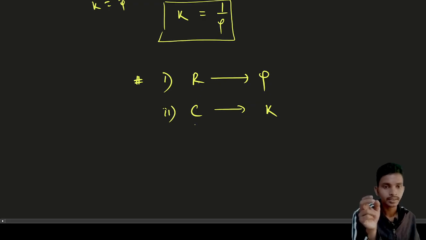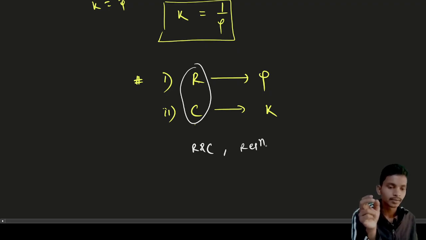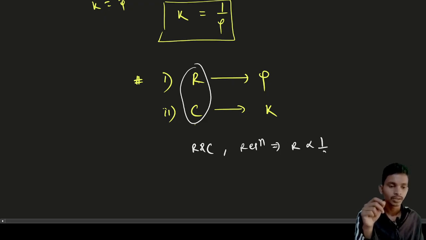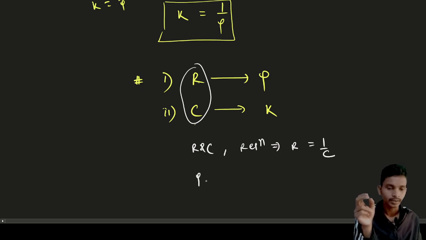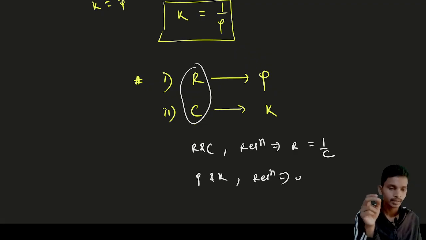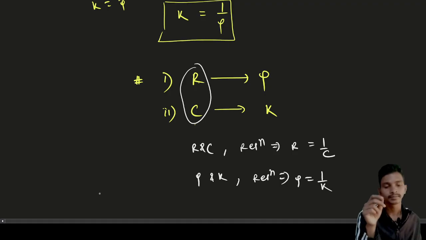For resistance and conductance R and C, the relation is R equals 1 by C. In the same manner, for specific resistance and conductivity, the relation will be the same: specific resistance is equal to 1 by kappa. Okay.